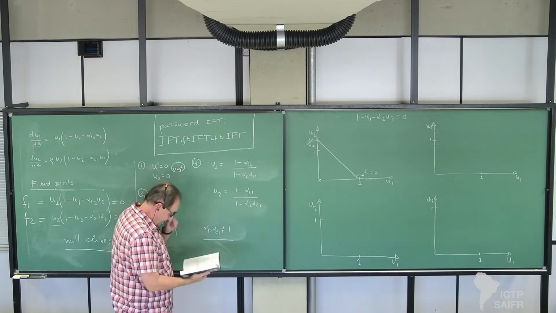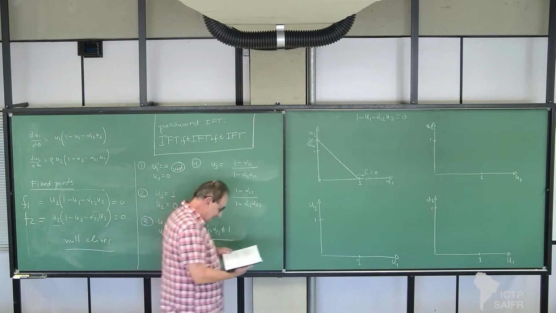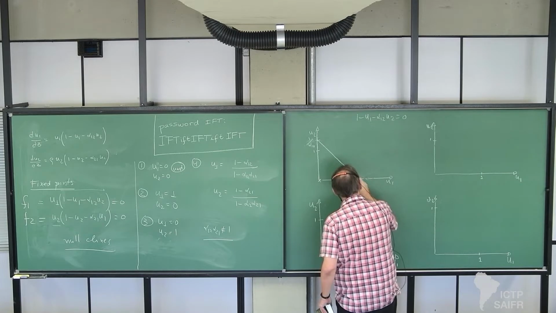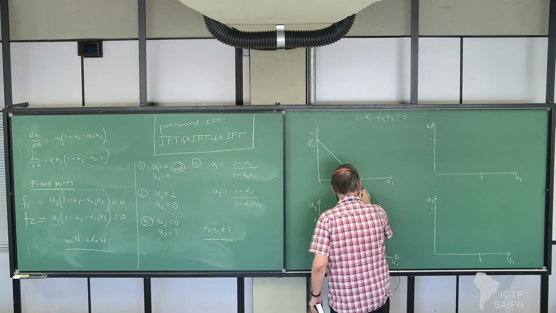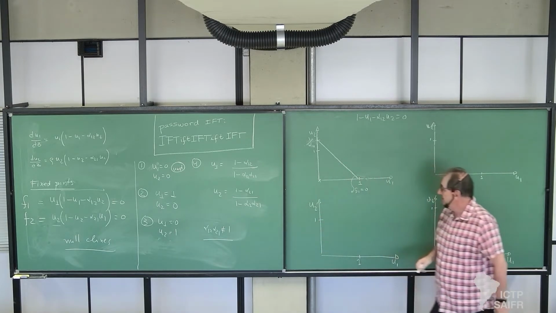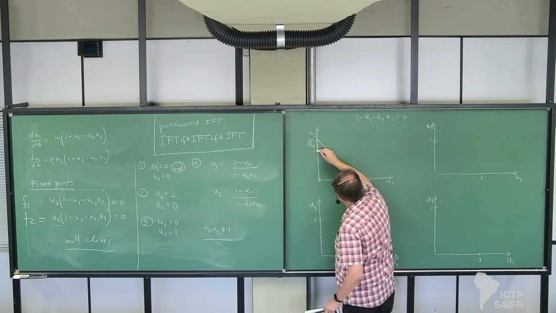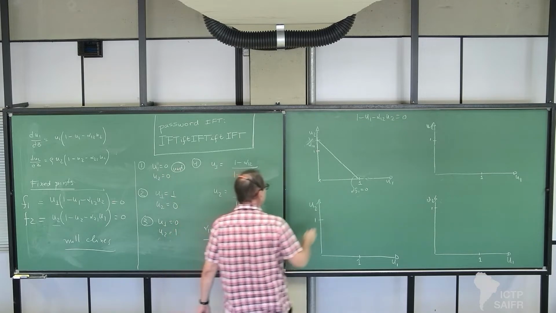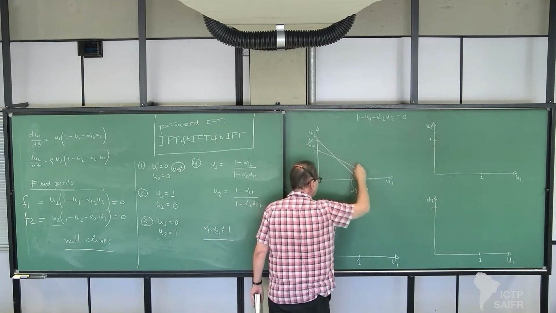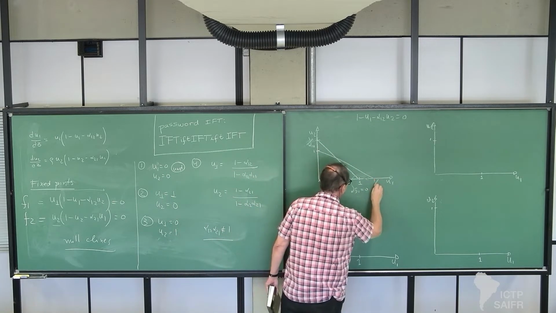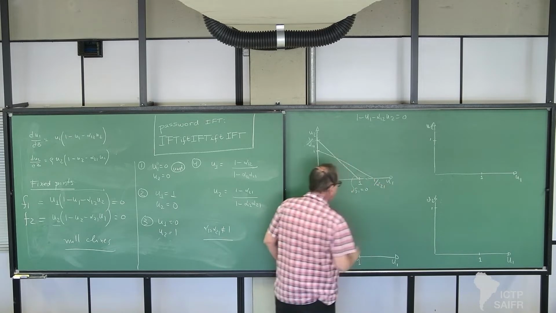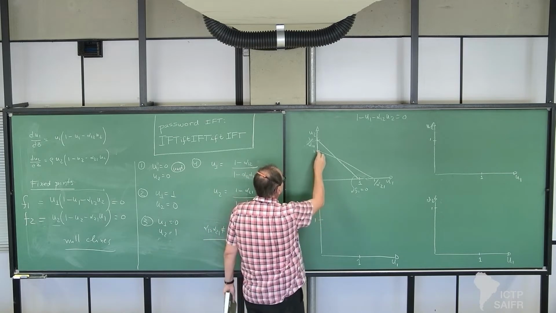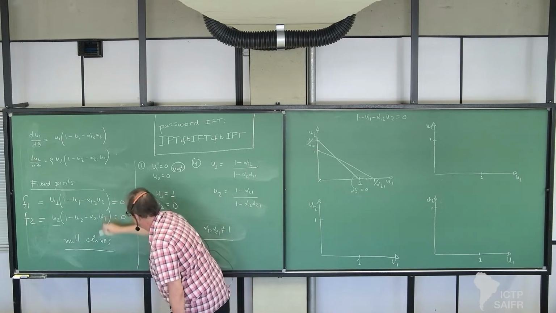Now, I will take the second case. There is also a line which will be the line of F2 equal to 0, which will go from 1 to 1 over alpha 2,1. Let's check this equation here.